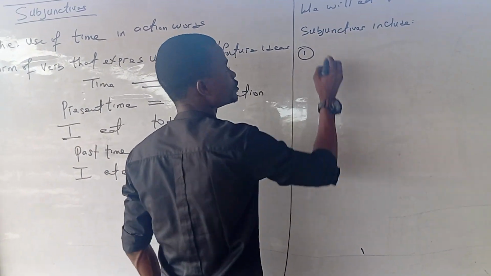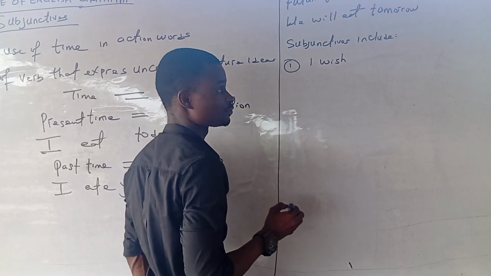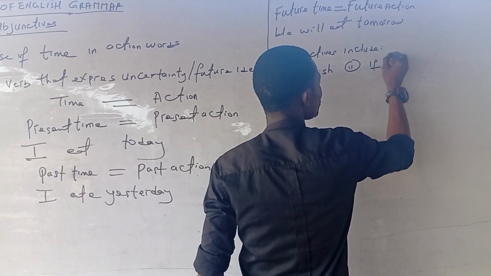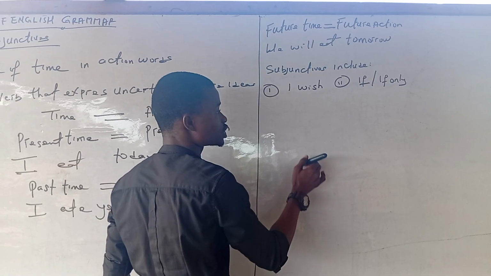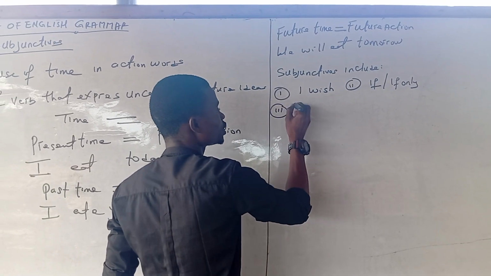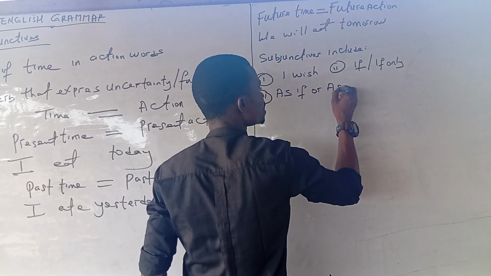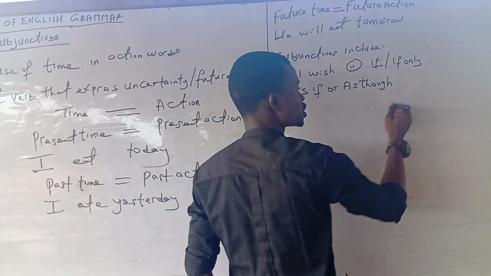Number 1, if you have something like I wish, this is a subjunctive. Number 2, if you have if or if only, this is another subjunctive. Number 3, if you have as if, or as though, this is another subjunctive.